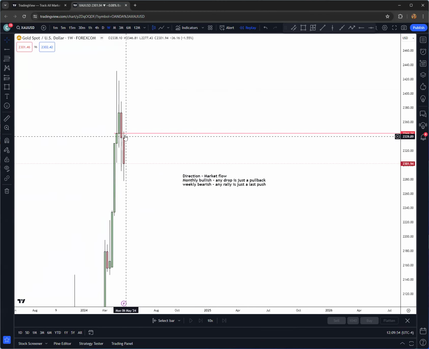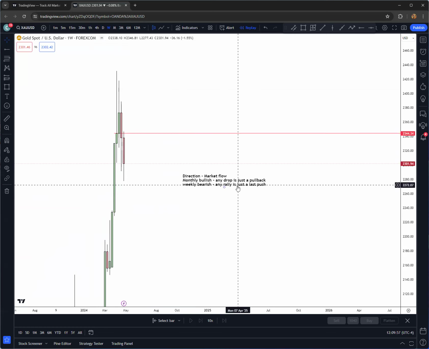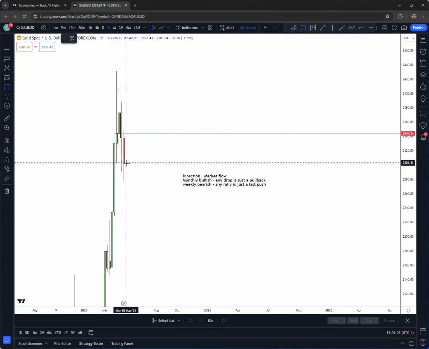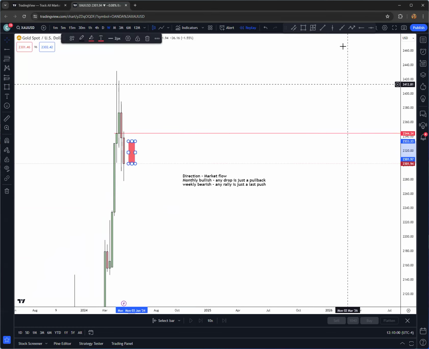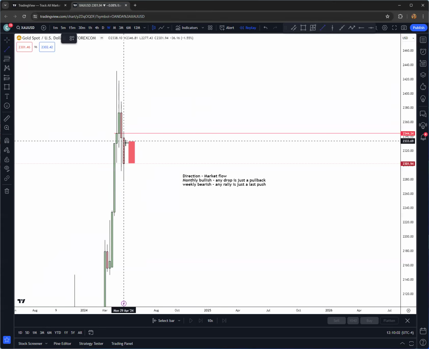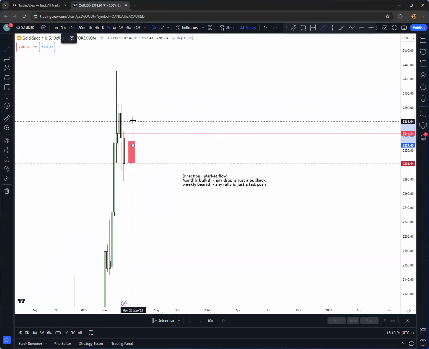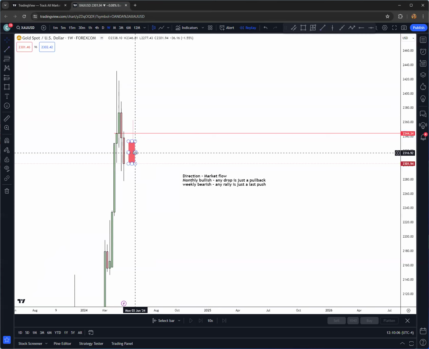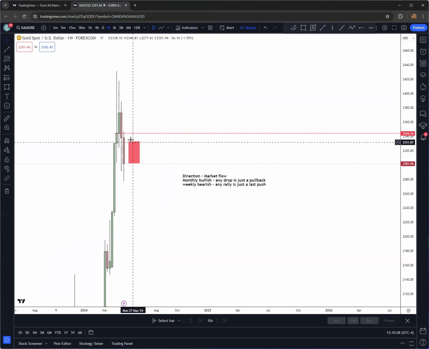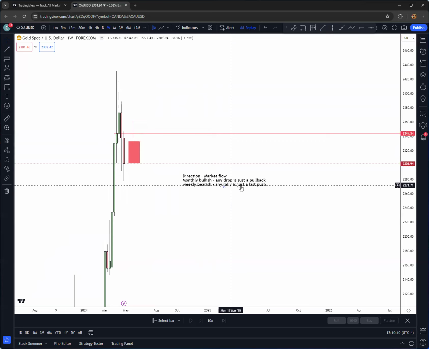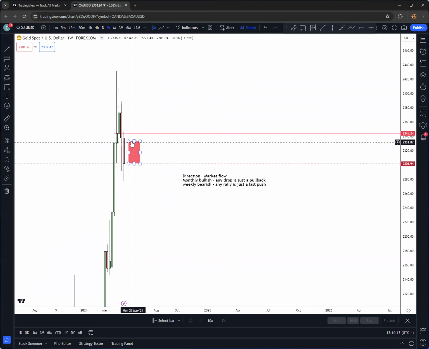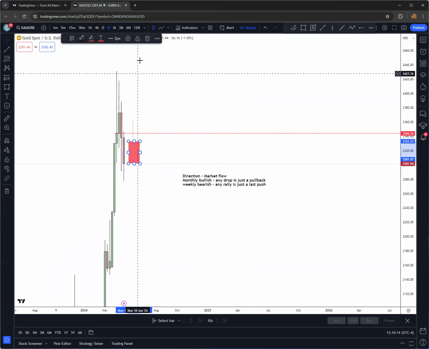And we reject the same time frame. So if the next week candle opens like this, and there's a wick up here, like it could come up even higher, right? And closes below this, that means this was your last push, and we're bearish weekly completely.